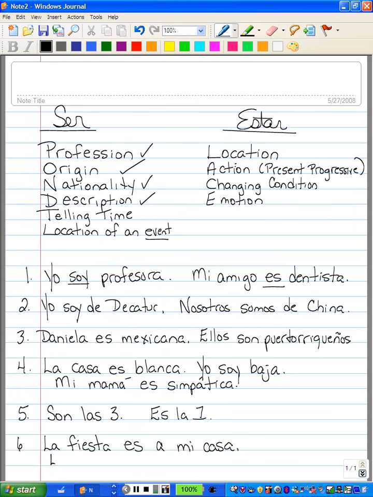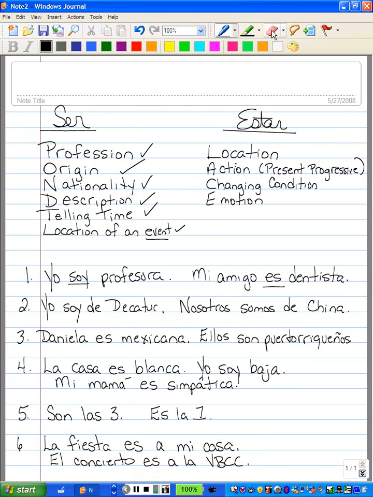Or you could say el concierto, the concert, es a la BBCC. Okay? Again, the last one has to be an event. So anytime you want to tell someone's profession, someone's origin, a nationality, describing something or someone, telling time, and a location of an event.